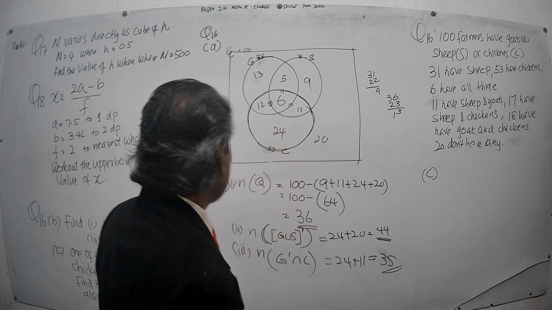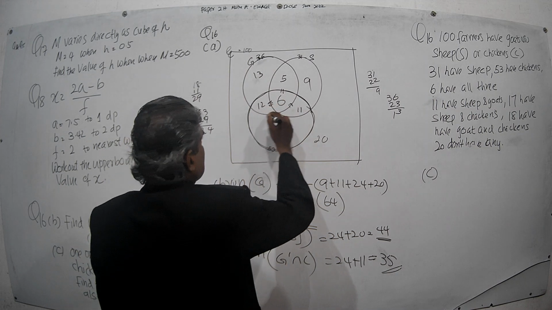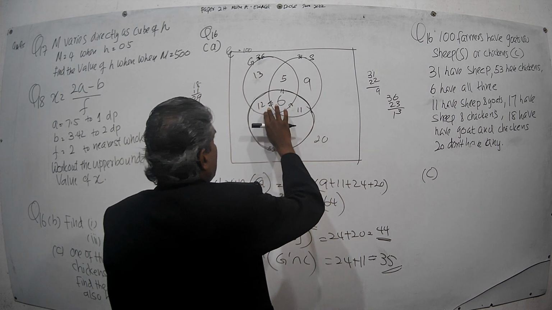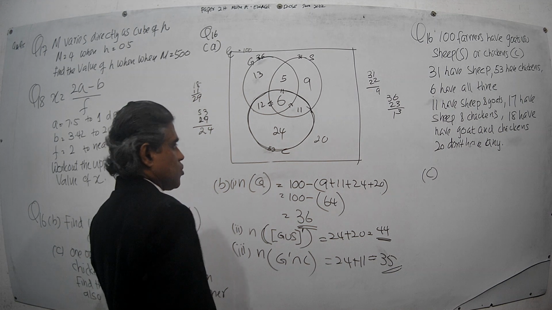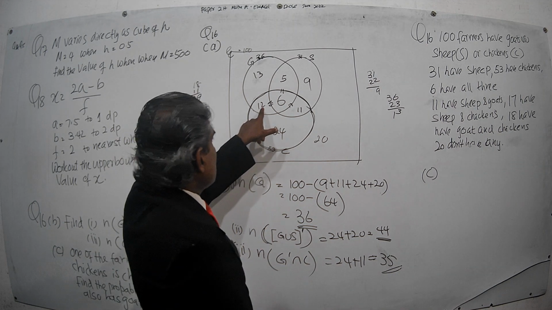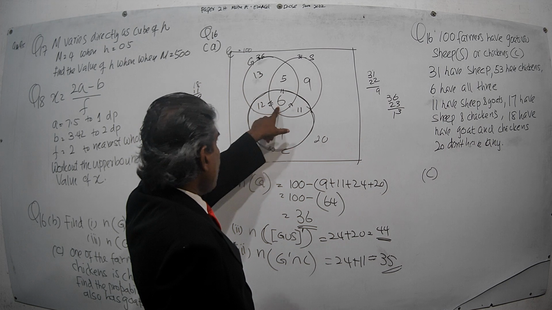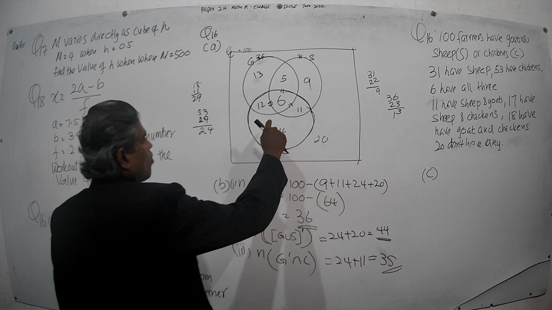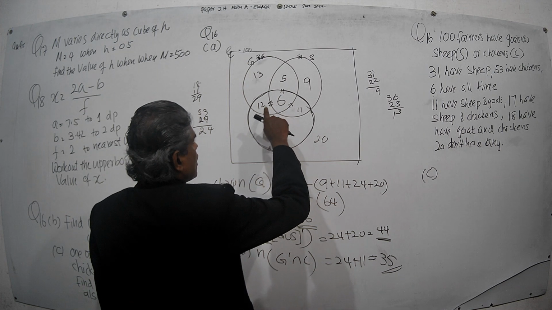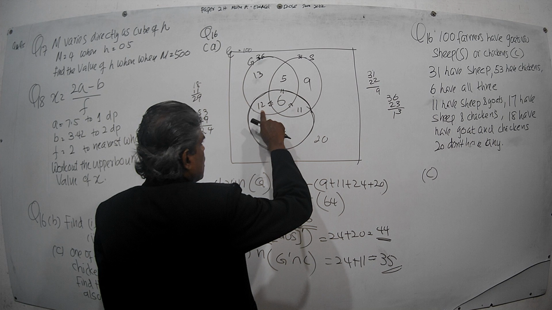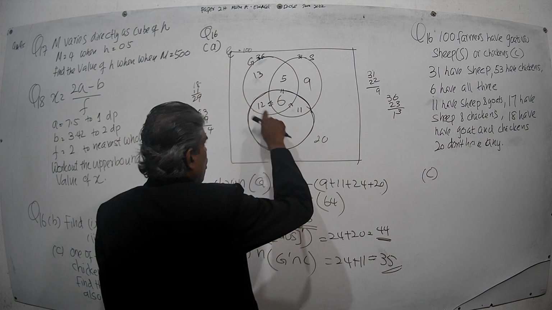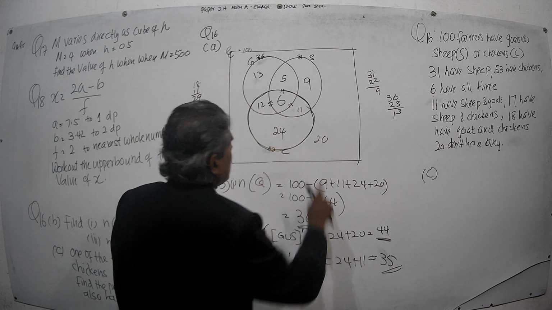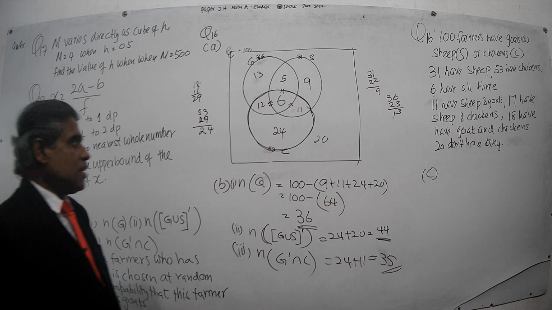Then they say, we have goats, 18 of us have goats. These are the number of goat farming farmers among these 53 chicken farming farmers, right?